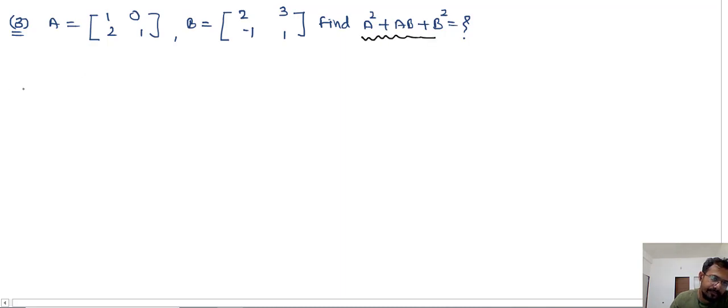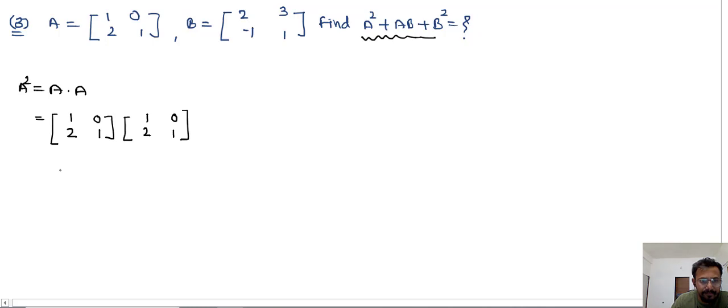First row, first column: 1 ones are 1, 0 into 2, 0. Second row, first column: 0 into 1, 0. First row, second column: 2 ones are 2, 1 twos are 2, so 4. Second row, second column: 0 plus 1. So it is [1, 4; 0, 1].